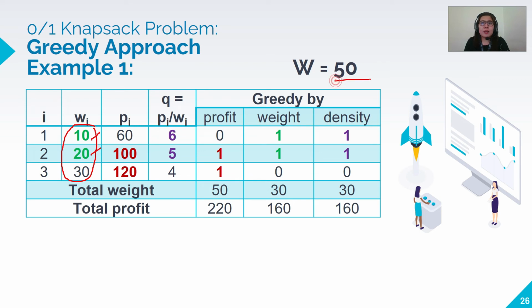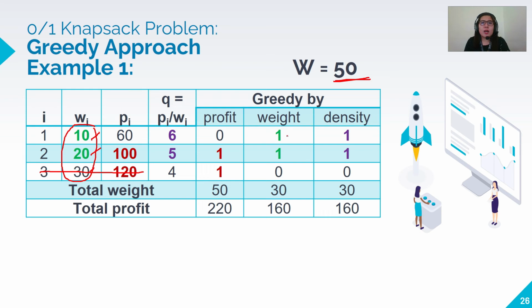Hindi pa na-meet yung maximum capacity. But if we will try to add item number 3, that is 30, that is already 60. It exceeds the capacity. So, therefore, hindi na natin isasali yung item 3. Kailangan, it should be lesser than or equal to the capacity of the knapsack.